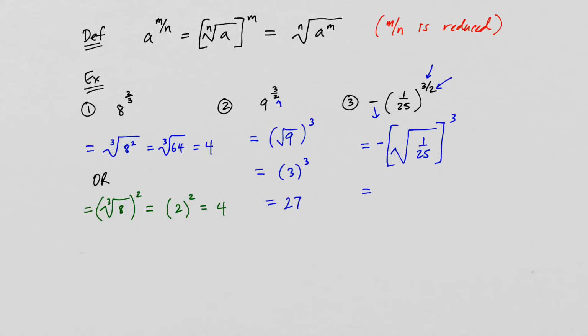The square root of 1 over 25 is 1/5. We still have to raise that to the third power, and then again, that negative is still there in the end. The way we do this is we apply that third power to the top and to the bottom. When you do that, 1 to the third is 1, and 5 to the third is 125. And then that negative comes down as part of the answer. So it's -1 over 125.